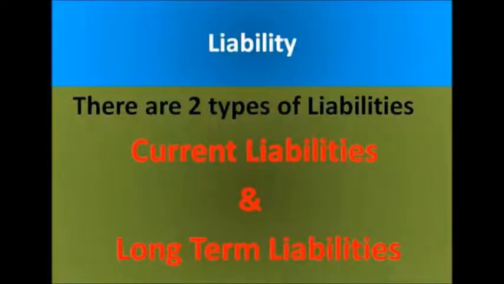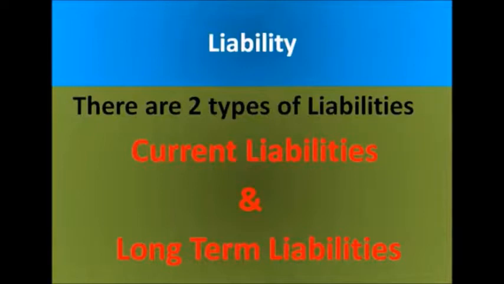All right, moving on to the liability section. There are 2 types of liabilities in the business: the current liabilities and the long-term liabilities. Now, what are current liabilities? Current liabilities need to be paid within a year's time. And how do they arise? They arise from the routine operations done in the business.